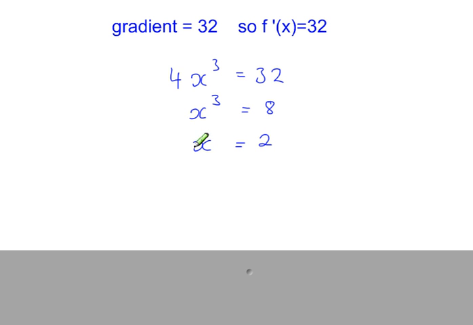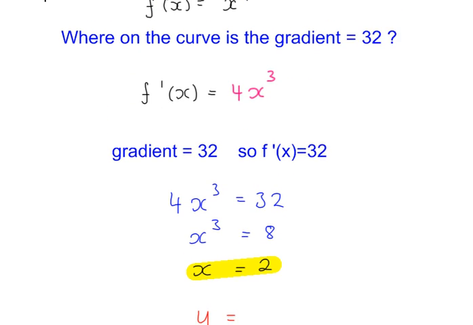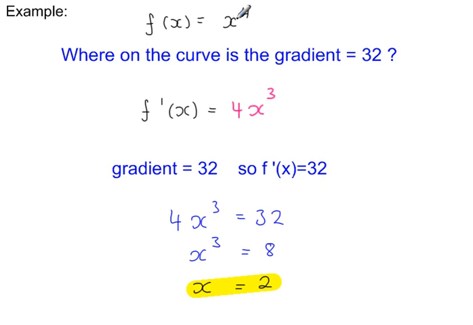So I've got the x value. I need the y value now. So on the curve, when x is equal to 2, y is equal to, so I need the equation of the actual curve now. The equation of the curve is f of x equals x to the power of 4.